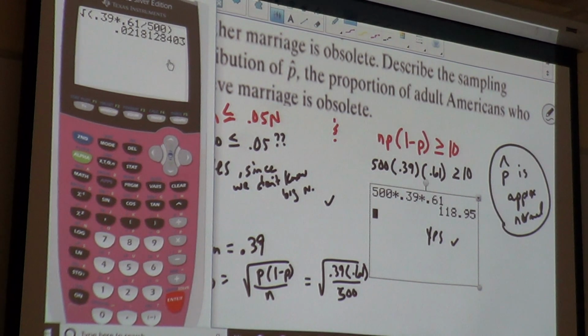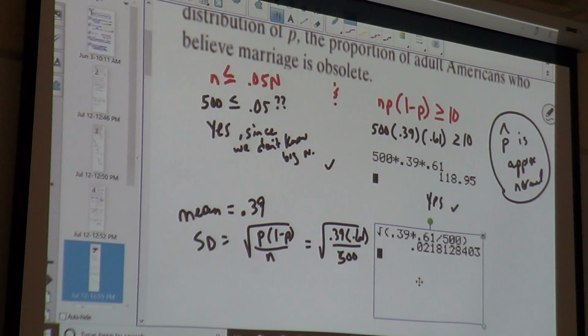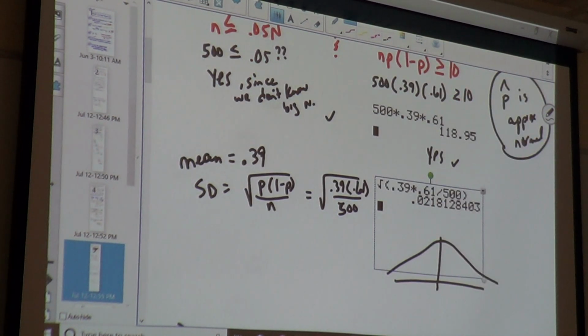There's my standard deviation. We've got to remember what we just did in case we need it in part B. We just figured out that we have a normal distribution with a mean of 0.39 and a standard deviation of 0.0218. It says describe it.